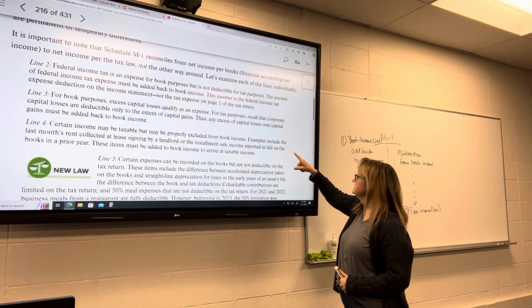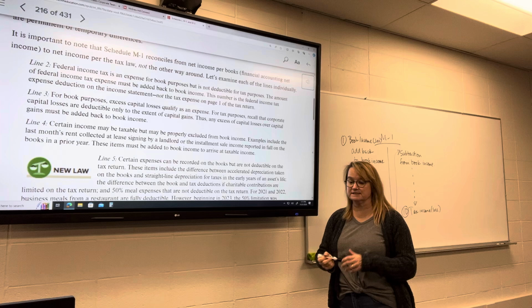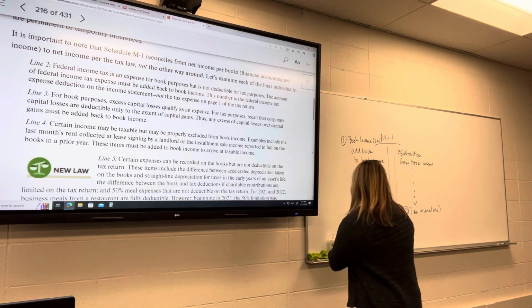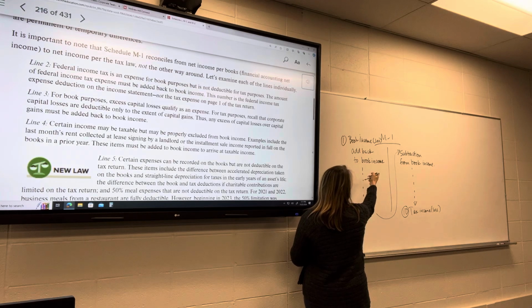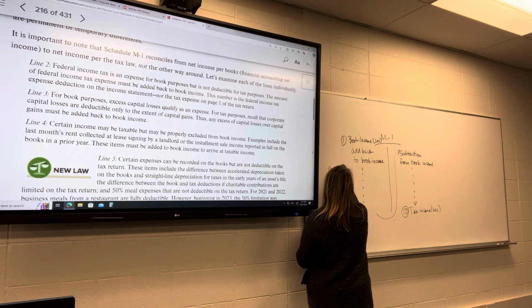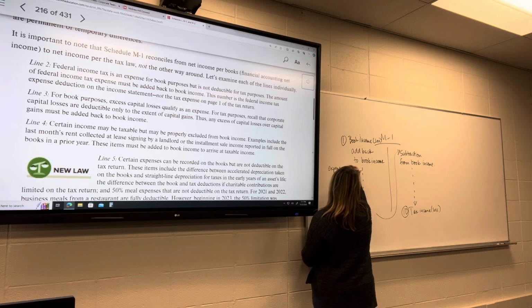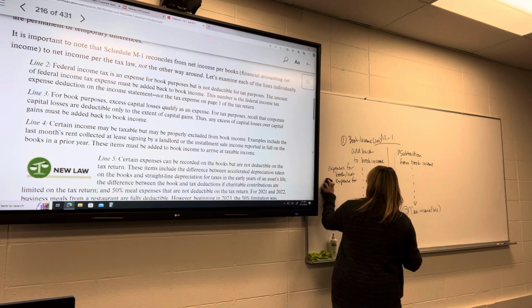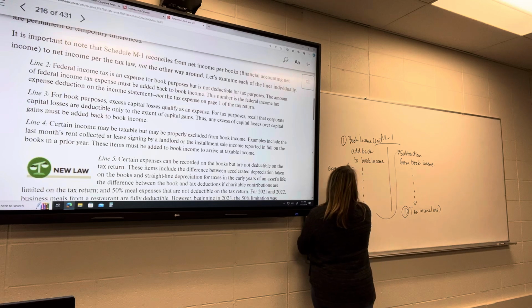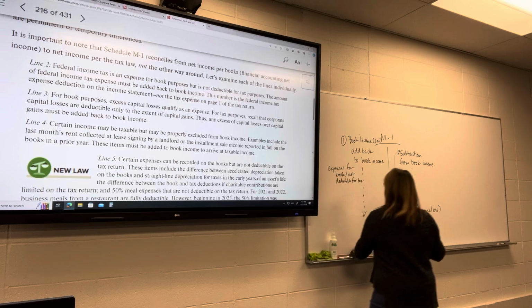So federal income tax is an expense. Anything that is an expense for book income, but not an expense for tax income, so expenses I should say not deductible for tax, is going to go over here on this side.